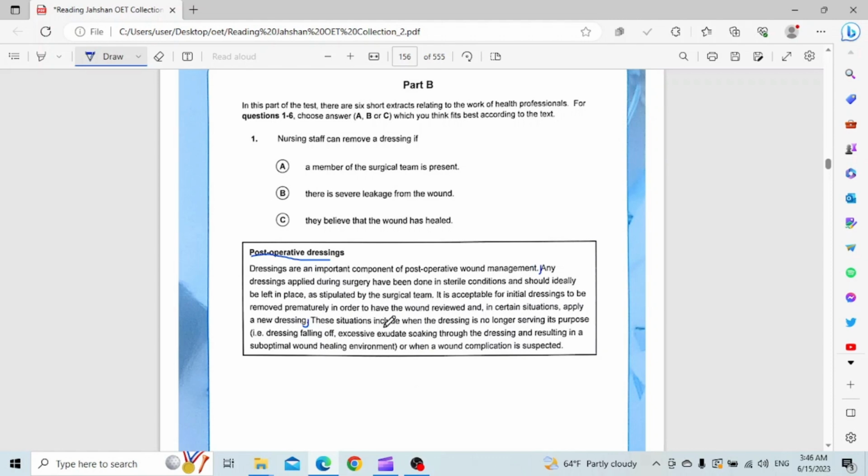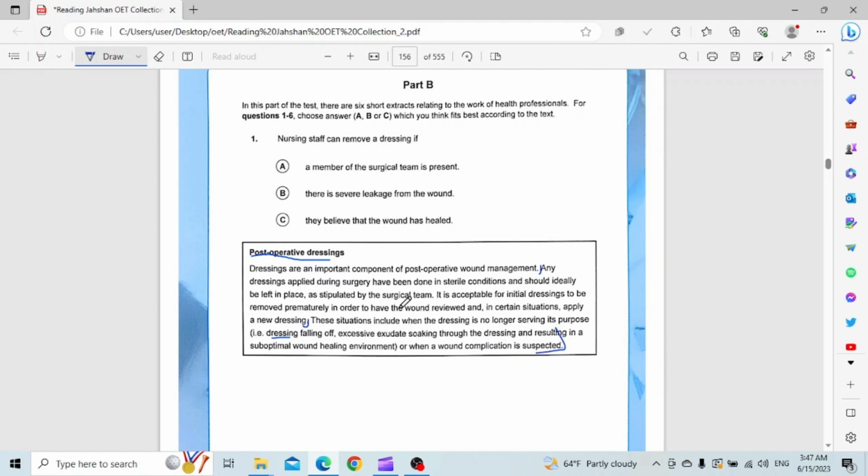"This situation includes when the dressing is no longer serving its purpose." Then I read the examples: dressing falling off, excessive exudate soaking through the dressing and resulting in a suboptimal wound healing environment, or when wound complication is suspected.